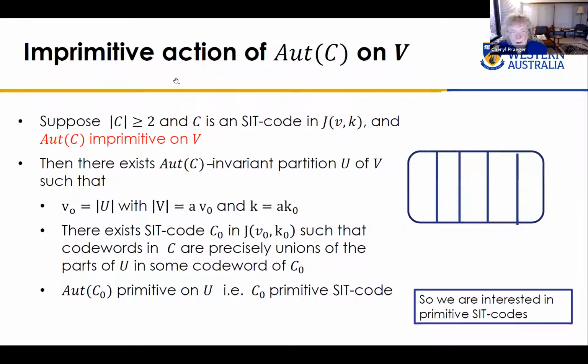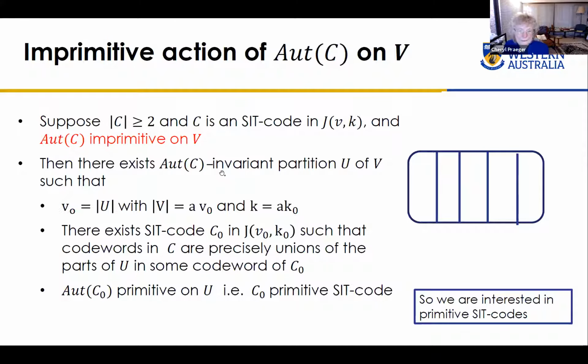What about this blow-up condition? So let's suppose we've got an SIT code and the automorphism group is imprimitive on V. That means that there is, so this is a picture of V, a partition of V into equal-sized parts, and the elements of the automorphism group are just permuting around these parts, set-wise.